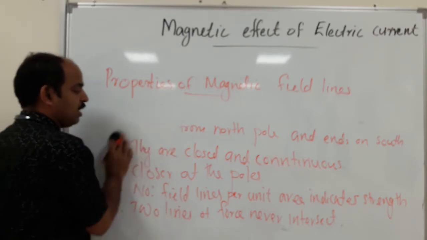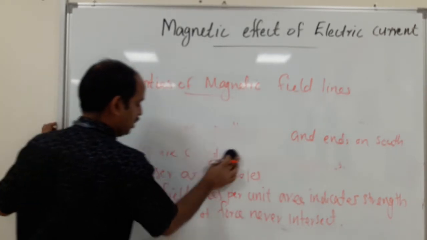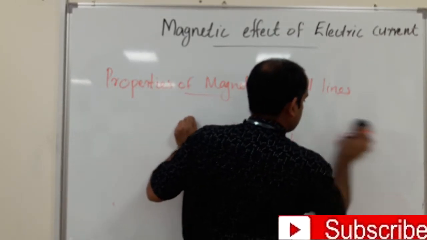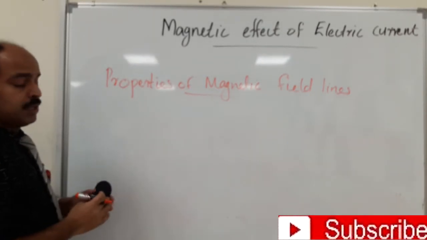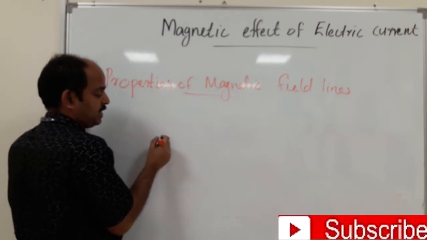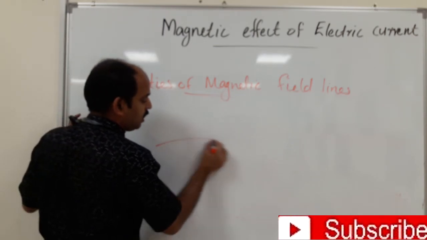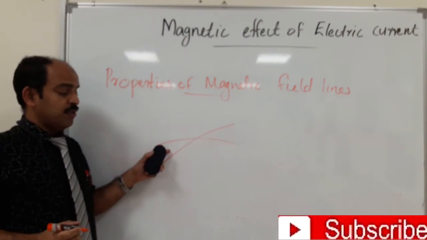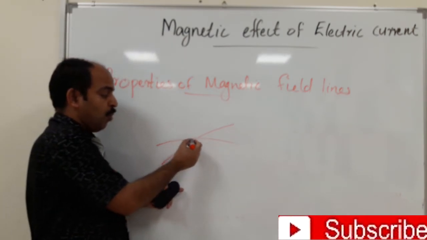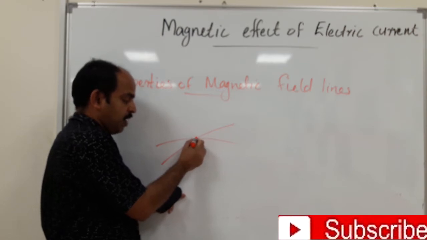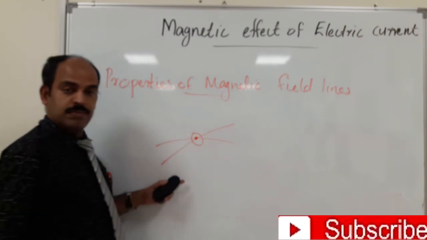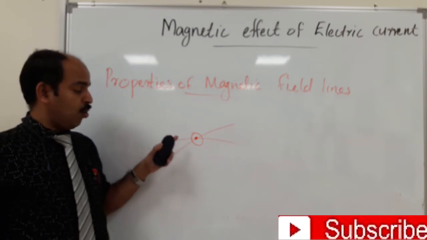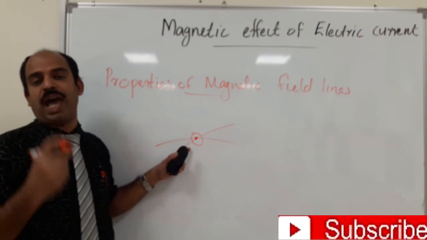Okay, so why do two lines of force never intersect? Suppose these are the two lines. Two lines of force never intersect because at the point of intersection, if you keep a compass needle there, the compass needle would show two directions.